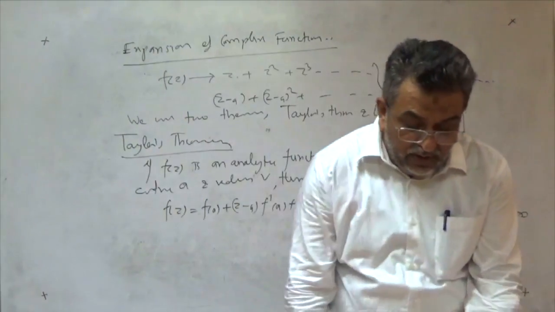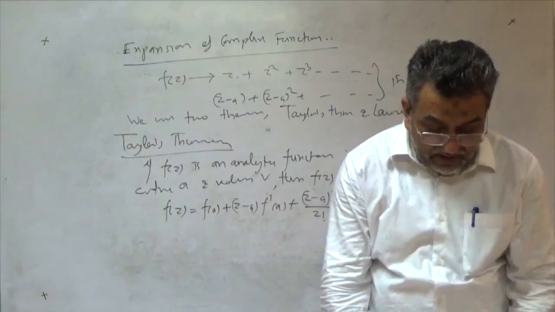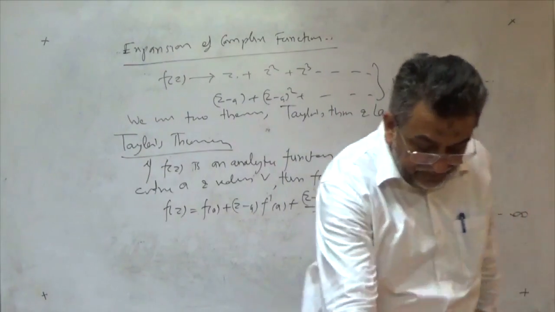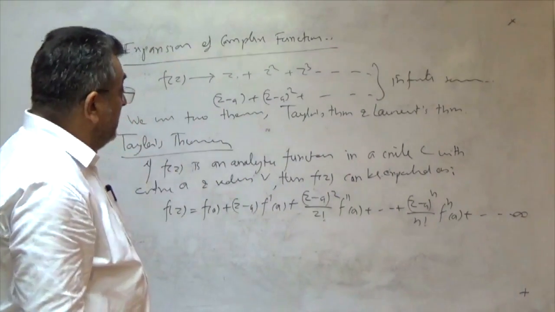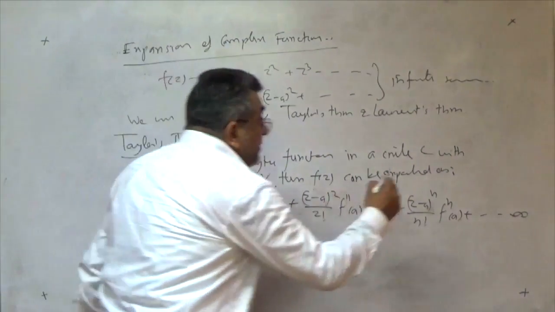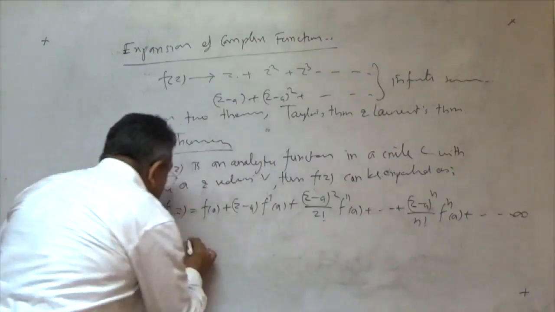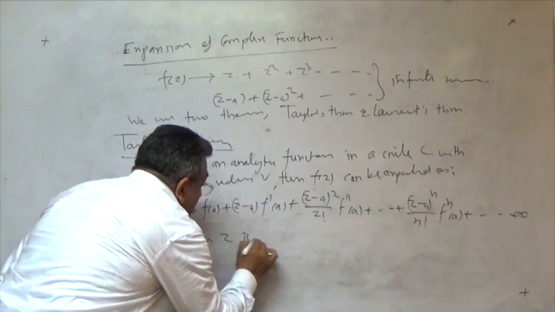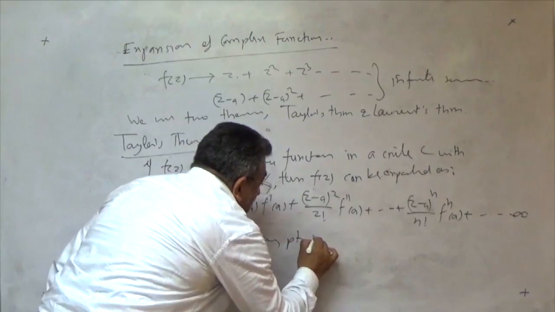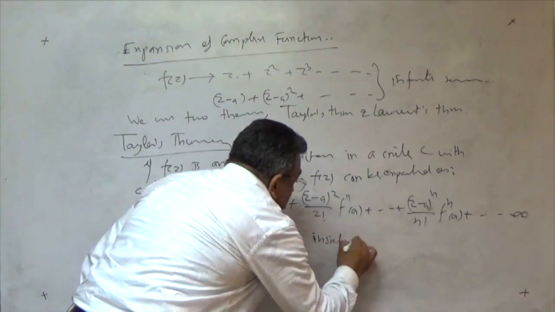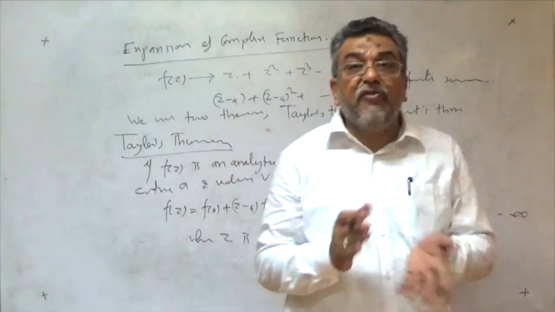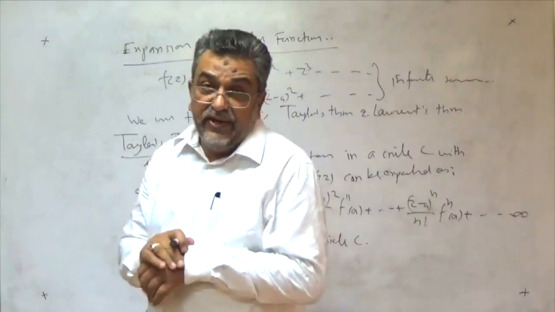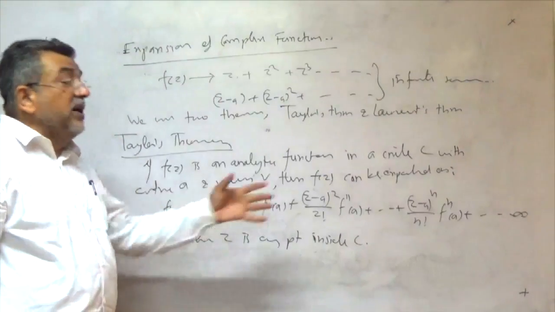Here you are expanding function, where in this expansion z is any point inside C. This is important. z is lying in the given circle, in the region of analyticity. Right? This is the Taylor's expansion.